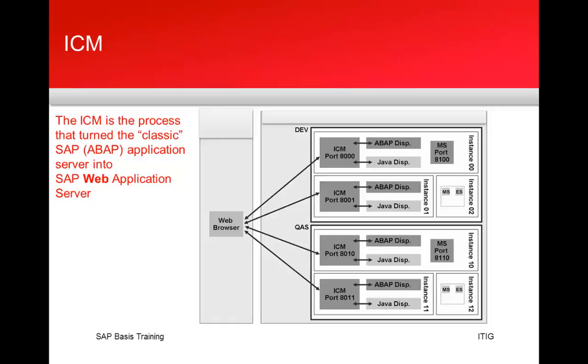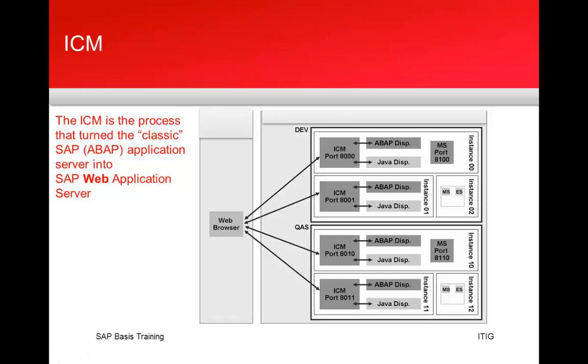So you can see for each instance you have an ICM system. For example, you have your development system which has two ICM processes, one for instance 00, one for instance 02. Then you have the QAS SID which has two instances, one is instance 10 and another is instance 12.